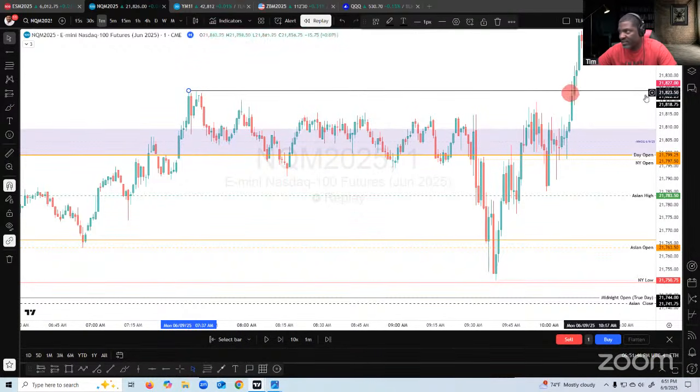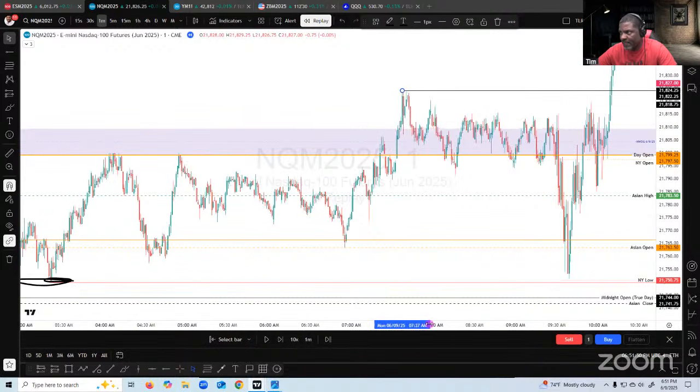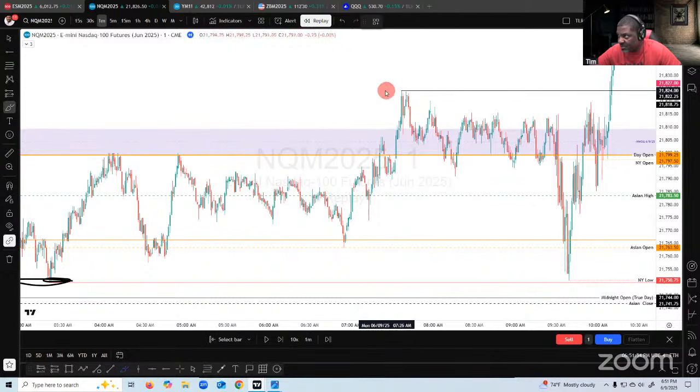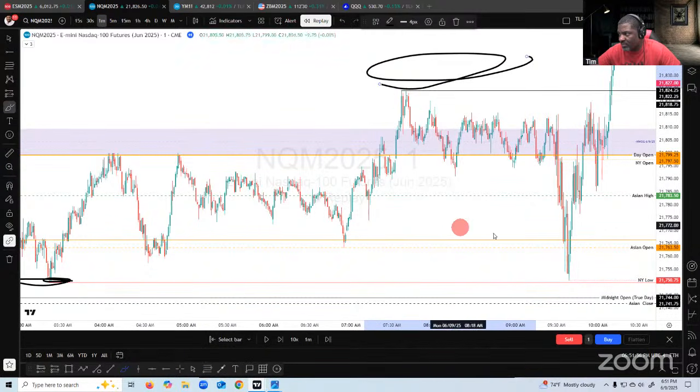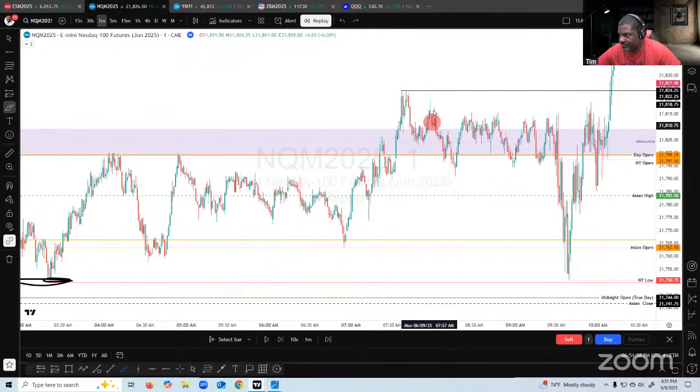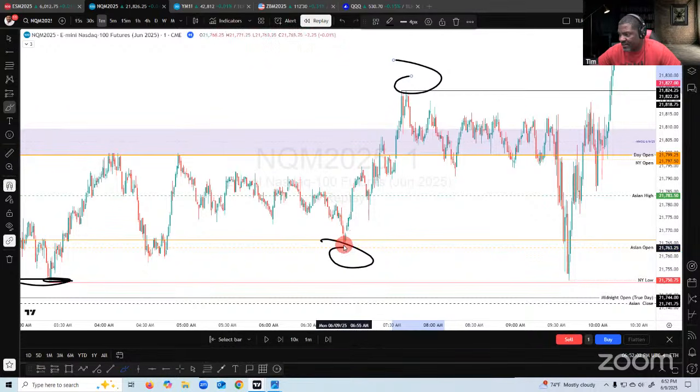So we created relative equal highs after taking out the short-term buy side, short-term / internal, because this high here created a new liquidity pool, right? So coming from this low to that high right there, okay, come here, find 6 o'clock there, that's 6 o'clock, right?